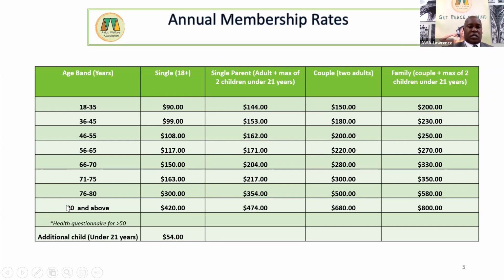One thing that I failed to mention earlier, and thank you, Pauline, for giving me this chance again, is that for those of us over 50, there is a simple medical questionnaire. And if you remember earlier, I'd mentioned that anybody and everybody is eligible. We do not exclude anyone for any reason. The medical questionnaire is simply there so that your premium can be adjusted to be able to give you the benefit as your health is at that particular moment.